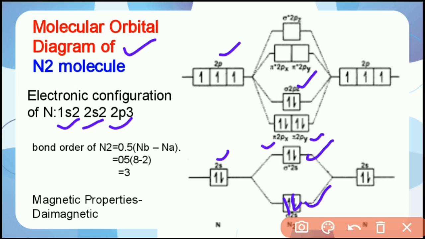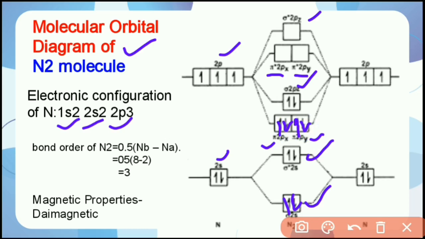Then for the arrangement of anti-bonding molecular orbitals, first write pi star 2px and pi star 2py, and after that write sigma star 2pz. By constructive interference, first fill 1 electron in 2px and then 1 electron in 2py. After filling 1 electron each, pairing occurs in the 2px and 2py orbitals.